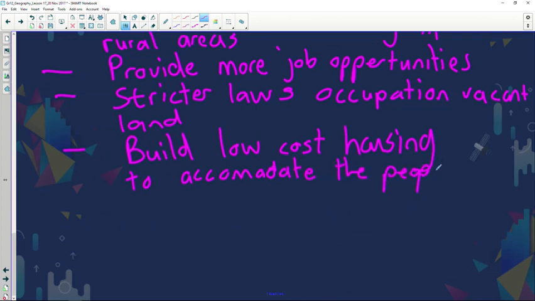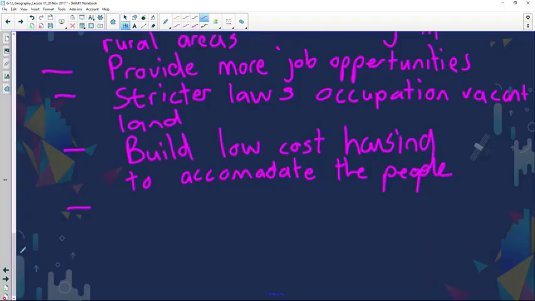Now, with this low-cost housing, we can create job opportunities as well. Use the people. Basically, new skills are being developed by building houses, and it can mean moving from an informal settlement to a formal settlement and providing proper housing.